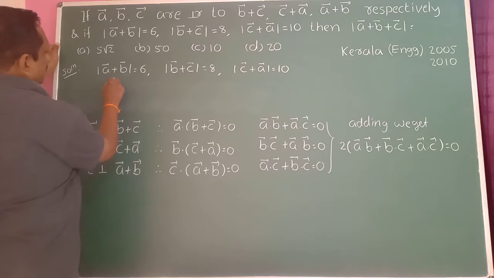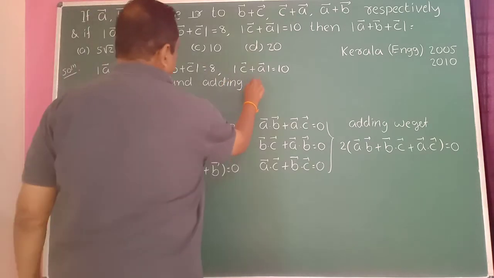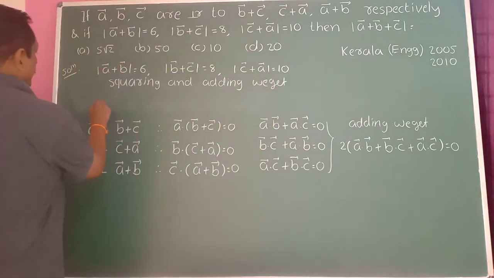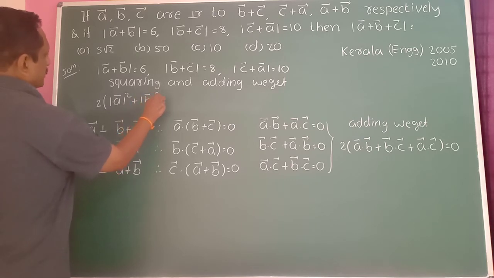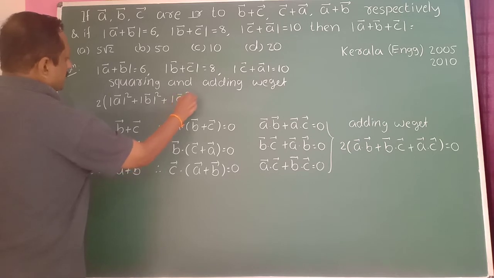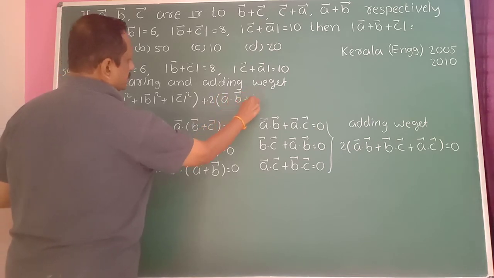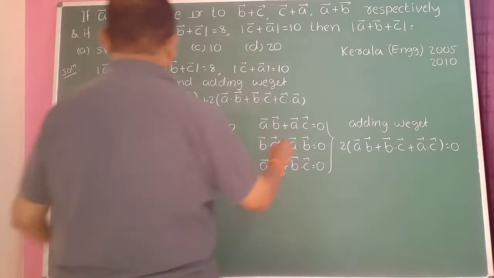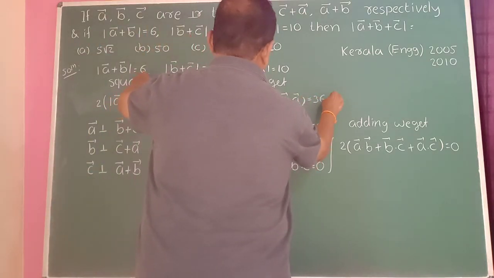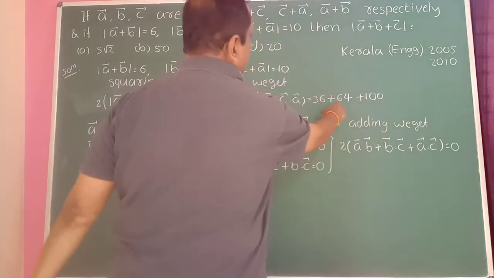So squaring and adding, we get 2 times bracket modulus of a bar square plus modulus of b bar square plus modulus of c bar square, bracket complete, then plus 2 into a bar dot b bar plus b bar dot c bar plus c bar dot a bar is equal to 6 squared is 36 here plus 8 squared 64 plus 10 squared is 100 here. So add these numbers, it gives 200 here.